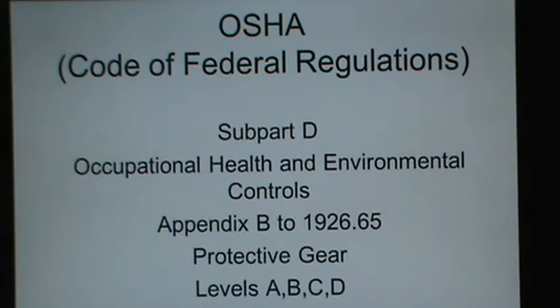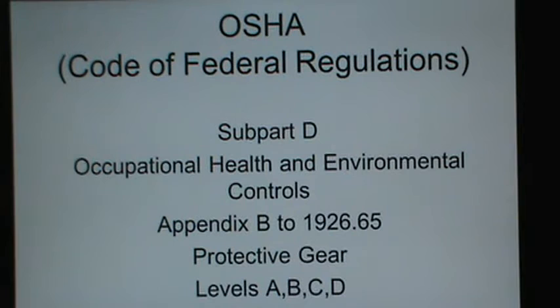The next thing I want you to do is jump to the back of that same subpart. We're still in subpart D, and we're going to be talking about occupational and environmental controls once again, but this is about protective gear. Once again, you might need to hit the pause button to find this. This is going to be kind of tough for you to find.